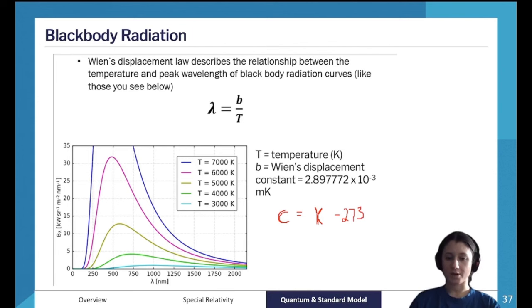And that is how you can convert between Celsius and kelvins. So all you have to remember is that 273 number.